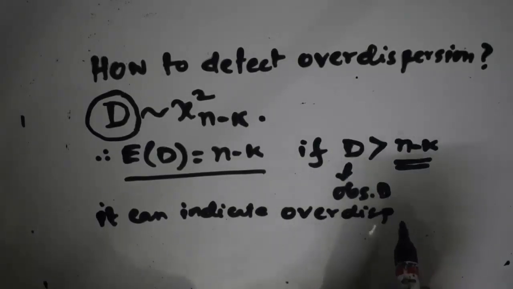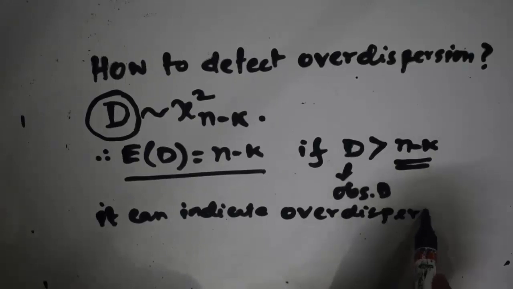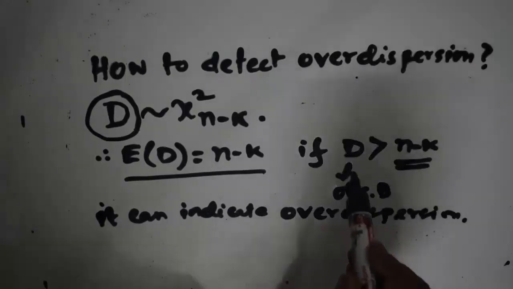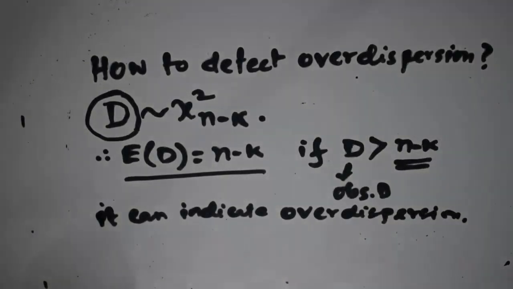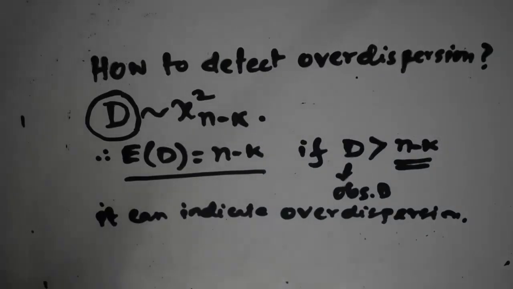So the rule is, if your observed D is greater than n minus k, then we say that this model suffers from overdispersion.